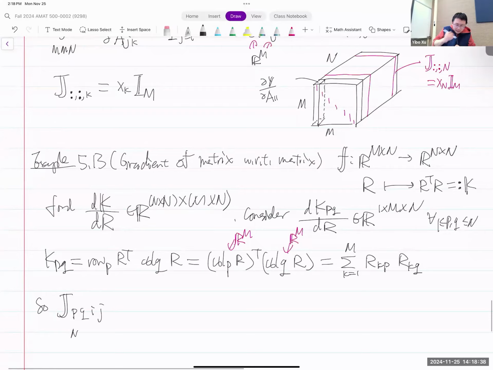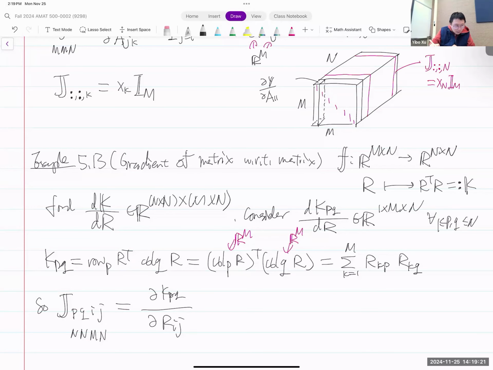Let me also put down the lower and upper bounds so we keep track of things. P, Q and J are all upper bounded by capital N, but I is upper bounded by capital M. This is the partial of K_PQ with respect to R_IJ. So we're taking the partial with respect to the ith row, jth entry of the matrix R. K_PQ is a polynomial in terms of the entries of R.